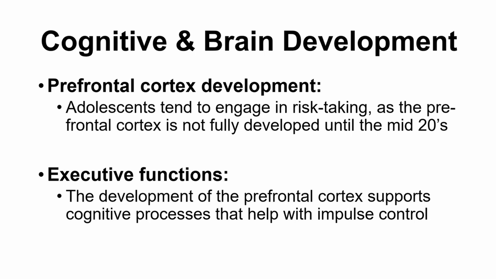However, while yes, we do see that adolescents are more likely to engage in these risk-taking behaviors and not think of the consequences of their actions, it isn't only because of this later development of their prefrontal cortex.